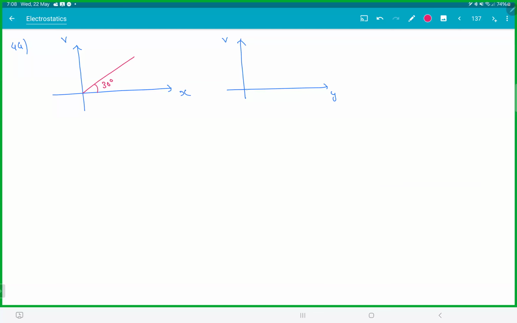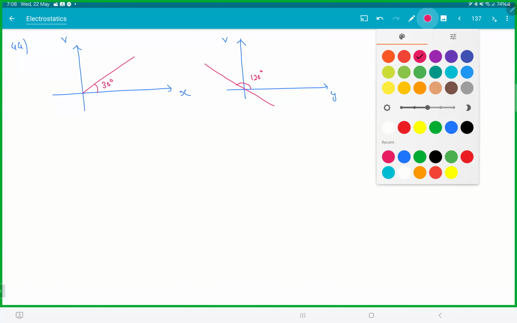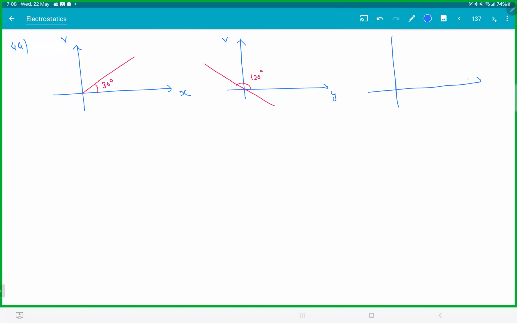That is the Vy graph. Find the field in the region. So in a region, this is how the potential changes with x-axis, along y-axis, along z-axis. If you see potential changes linearly, so the field is constant.